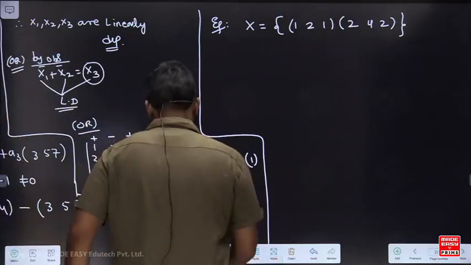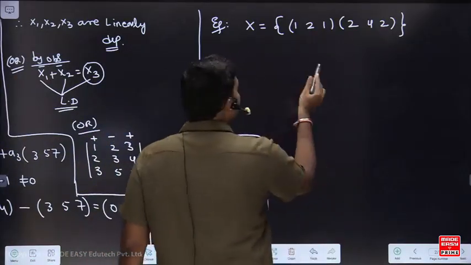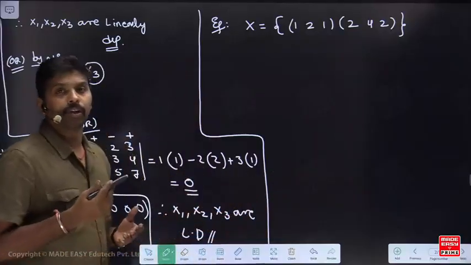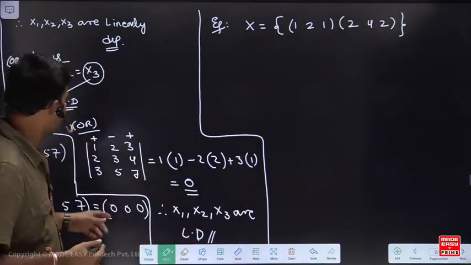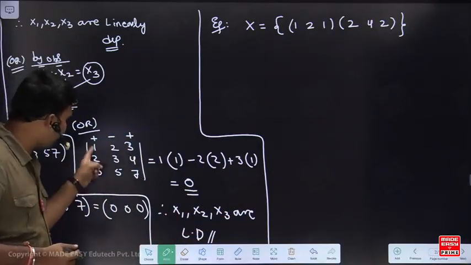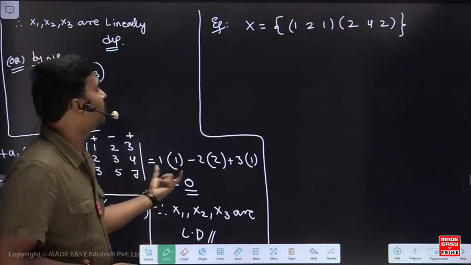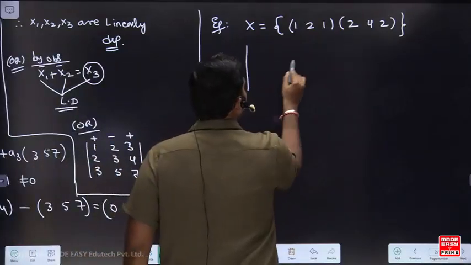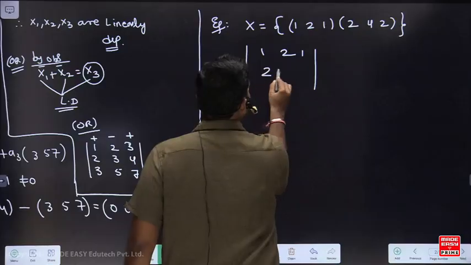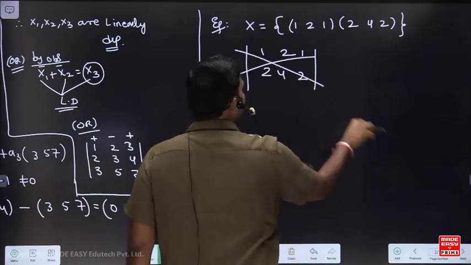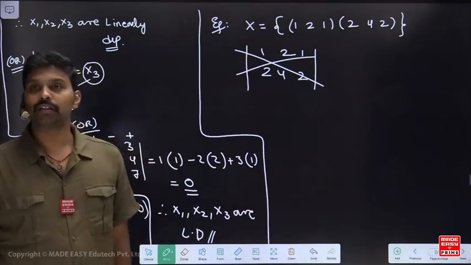Right, very good. So, to check the linear dependency, suppose we have three vectors of 3 dimension, then we take a determinant. But this cannot form a determinant, right? 1 2 1, 2 4 2. It cannot form the determinant, right or not?